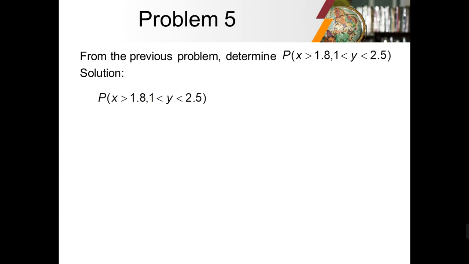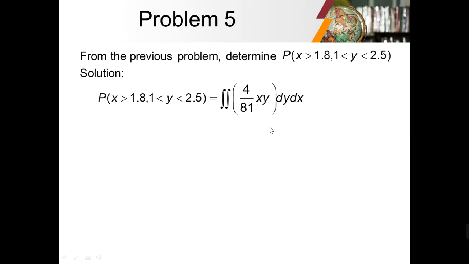Ayan. So, the joint probability that x is greater than 1.8 and y is greater than 1 but less than 2.5 is equal to the double integral of the given function. Ito pa rin yung given function natin in terms of dy and dx. Nauna ako in terms of y pa rin. Pero again, pwedeng magkapalit ha.